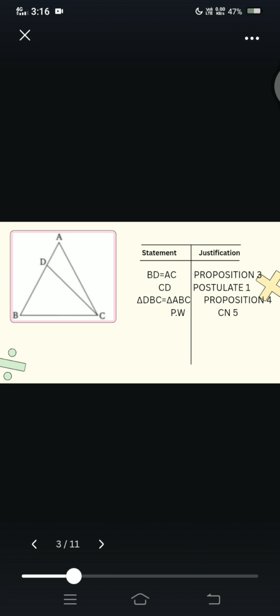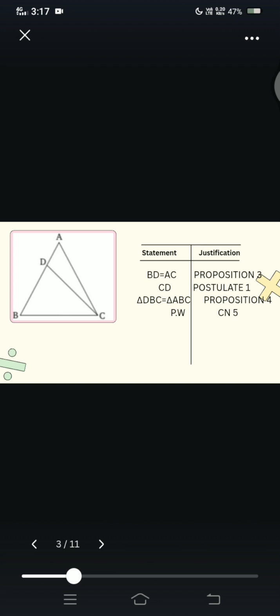By the contradiction, triangle DBC and triangle ABC are equal. According to Proposition 4, or SAS, if two triangles have two sides equal respectively, and their included angles are equal, then the triangles are congruent, their bases are equal, areas are equal, and remaining angles are equal.